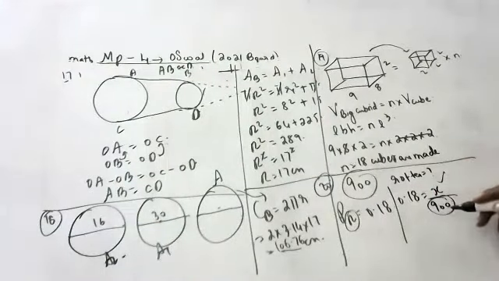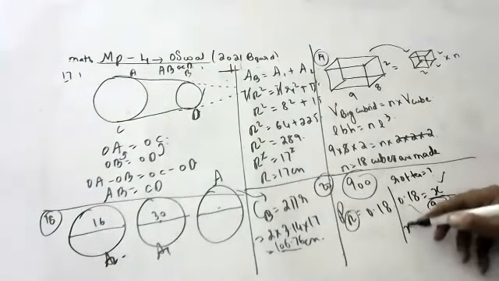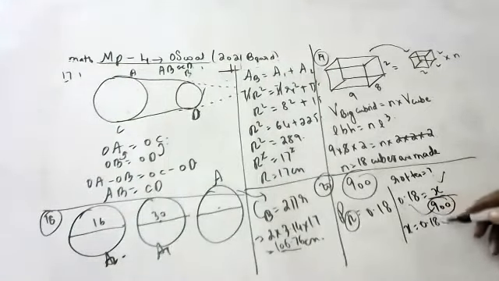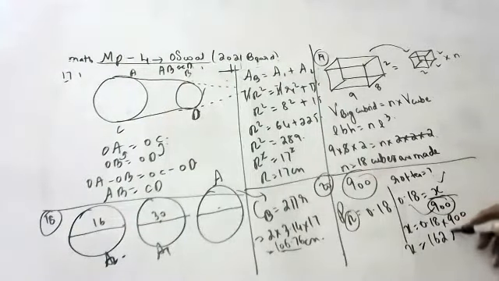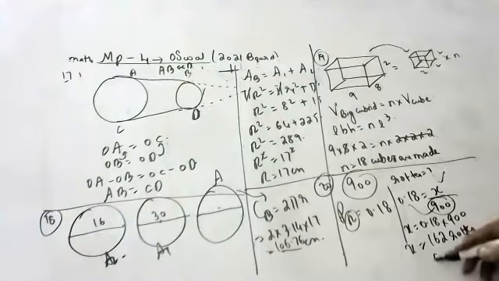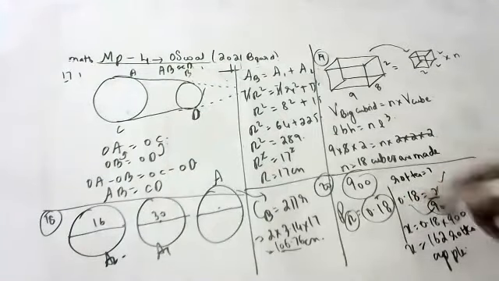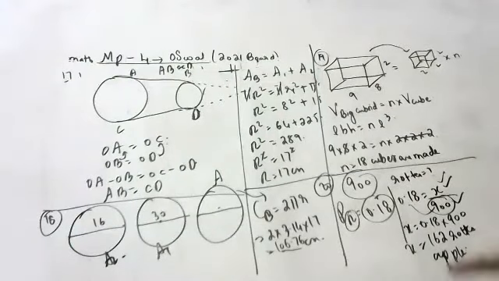Probability of rotten apples is equal to number of rotten apples by total number of apples. How much will it come, children? 162 rotten apples are there. So 0.18 into 900, that is 162 rotten apples.